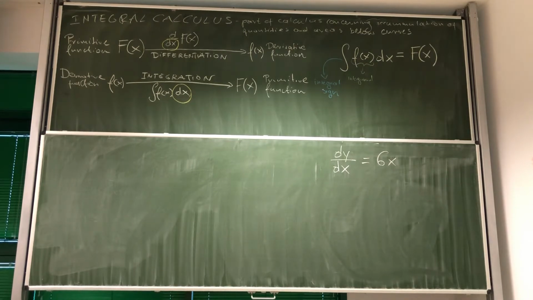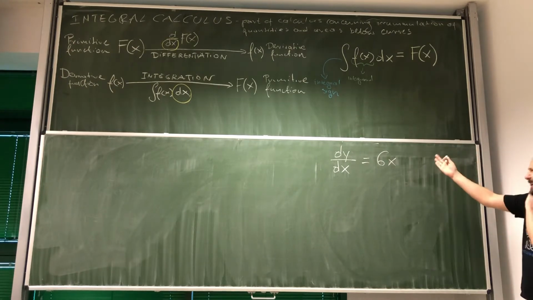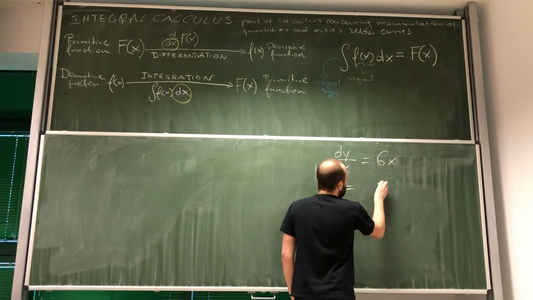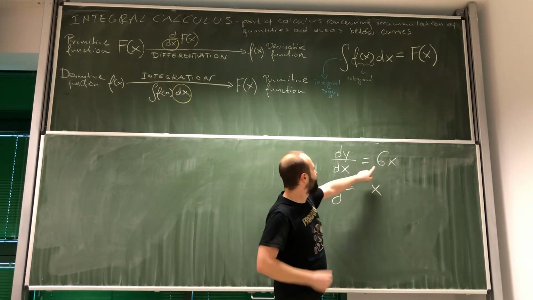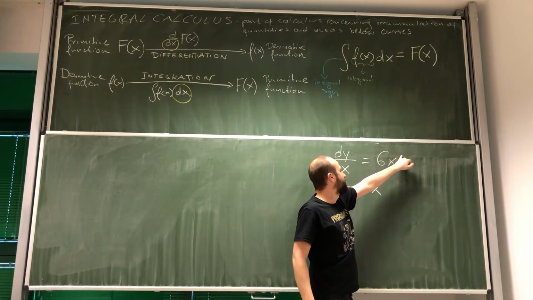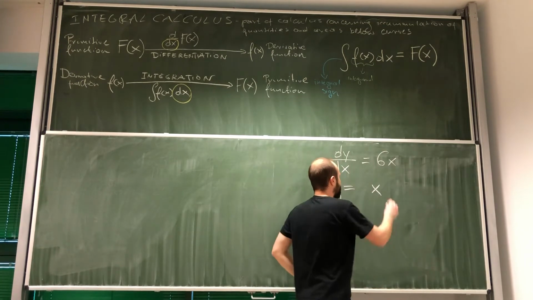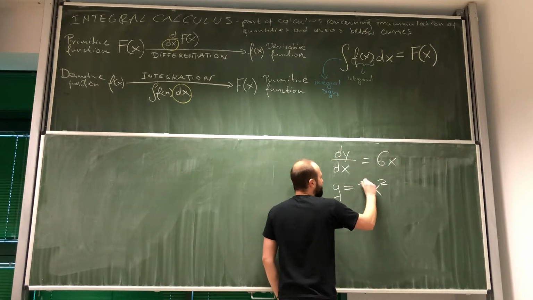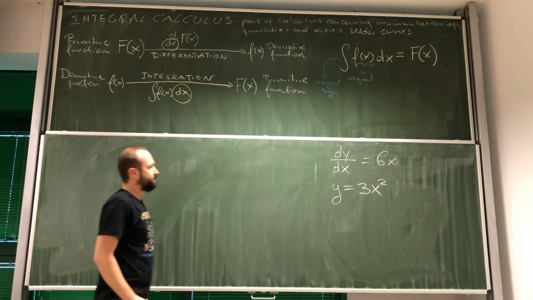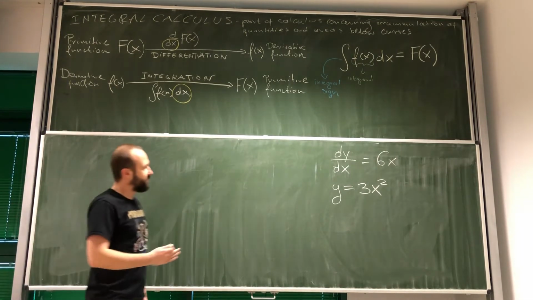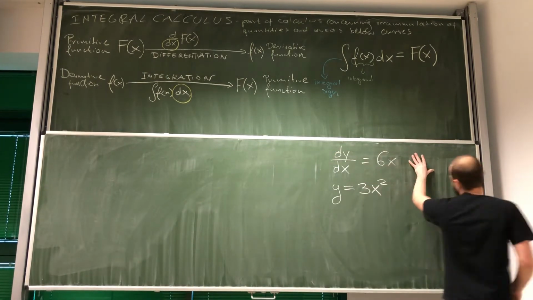Well, because we know how to perform differentiation, we can easily guess that. Definitely we're going to have x. And when we differentiate, we take from the power minus 1. So here we've got 1, here needs to be 2. Then we take this 2 and multiply up front, so we needed to have 3 over here, right? Because the derivative of this clearly is 6x.